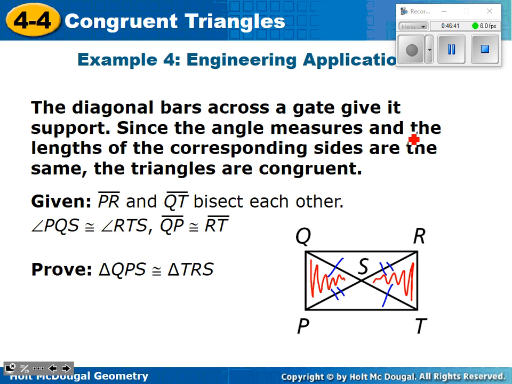Number 3, we have angle PQS is congruent to angle RTS, given, and we can mark it. PQS, be careful you're marking the correct angle. PQS, oops, use blue. PQS is congruent to angle RTS.